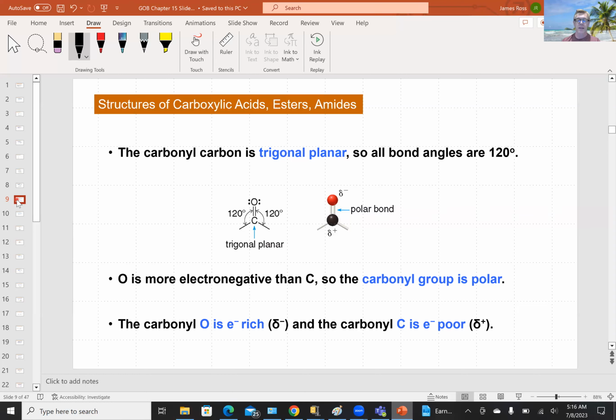That means that in terms of its chemistry that we're about to explore, things that have electrons can attack the carbon because the carbon is electron deficient. Things that need electrons can be attacked by the oxygen because the oxygen is electron rich.